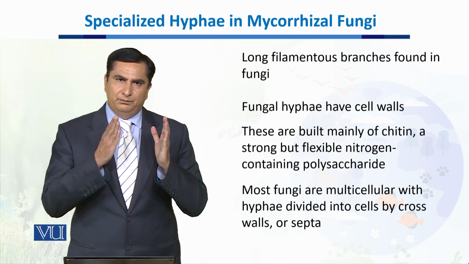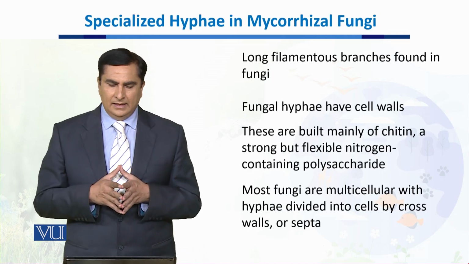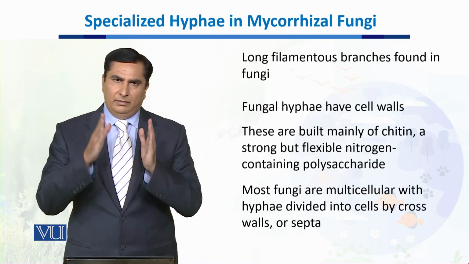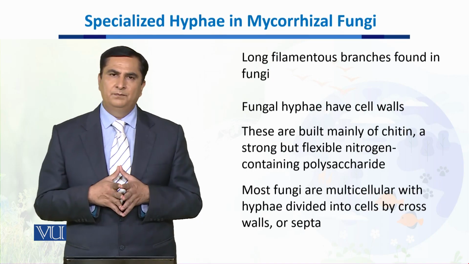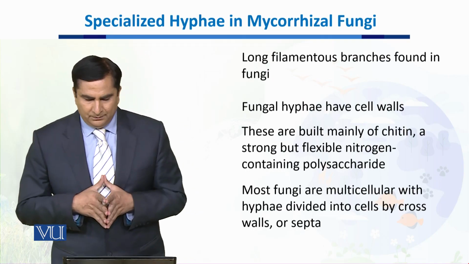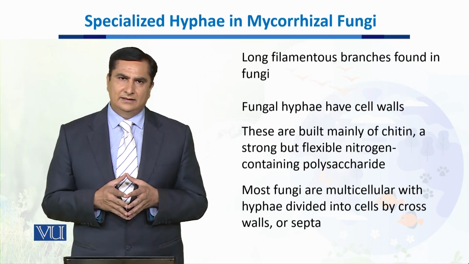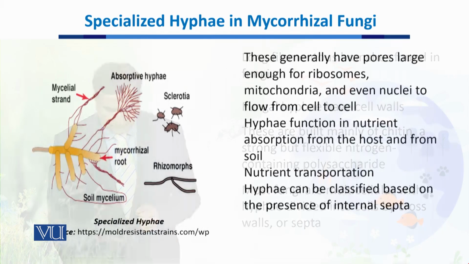Those mycorrhizal fungi are multicellular, and their multicellular body is divided into different types of hyphae, and those hyphae are actually divided into different cells by cross walls or septa.